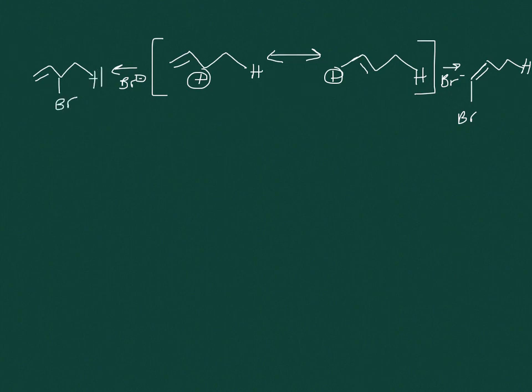So we have our two carbocations, and we have our two products. Now, if we look at the intermediates, here we have an allylic secondary carbocation, and here we have an allylic primary carbocation. The allylic secondary carbocation is more stable.